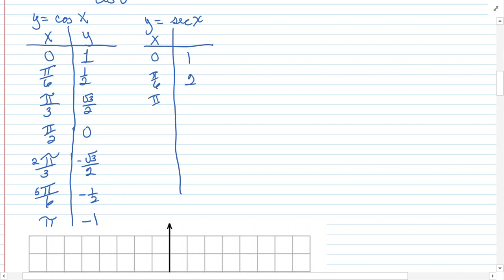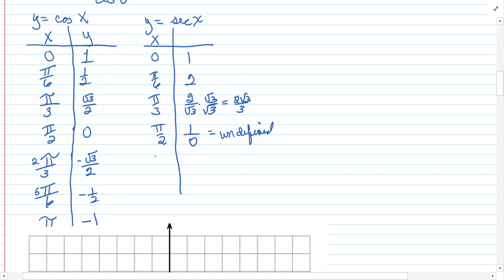For pi thirds, I'm going to get 2 over the square root of 3. All right, and then for pi halves, this is going to be 1 over 0, and that's going to be my first undefined.